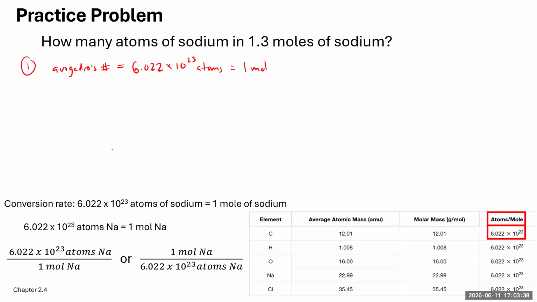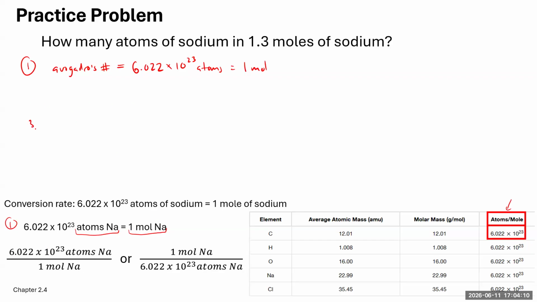So this is step 1. We wrote it down here: 6.022 times 10 to the 23rd atoms of sodium equals 1 mole of sodium. And we know that because 6.022 times 10 to the 23rd anything equals 1 mole of anything. Right? So we write it as fractions.